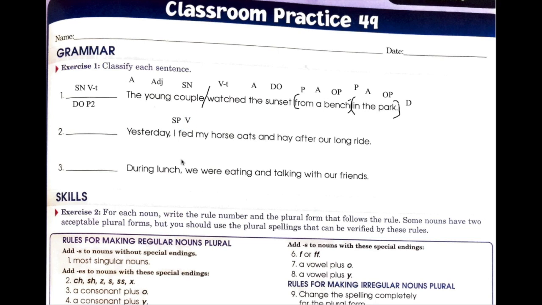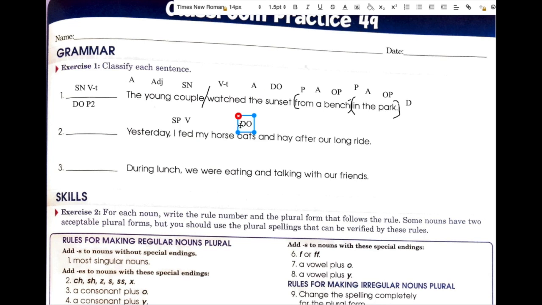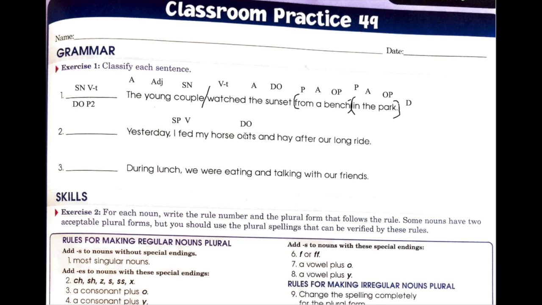Action. I fed what? Oats. If we're answering, I fed what? It's going to be a direct object. Let's verify the noun. Oats is a noun. Does it mean the same as I? It does not. It is a direct object.